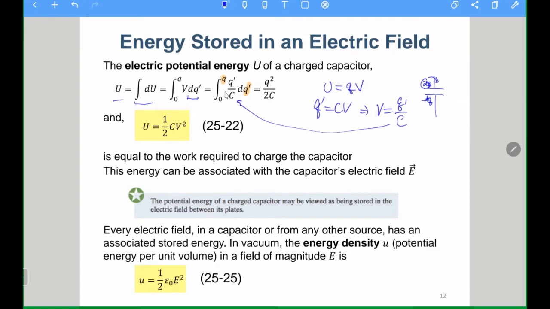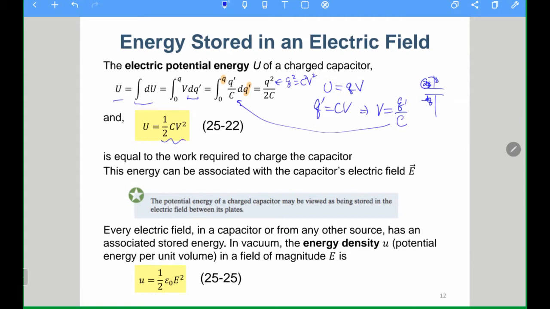Another expression we will frequently use is 1/2 CV squared, which means that we plug in q equals CV. So q squared equals C squared V squared, and then one of the C cancels.